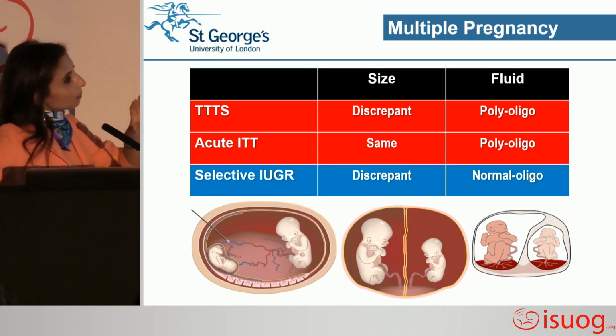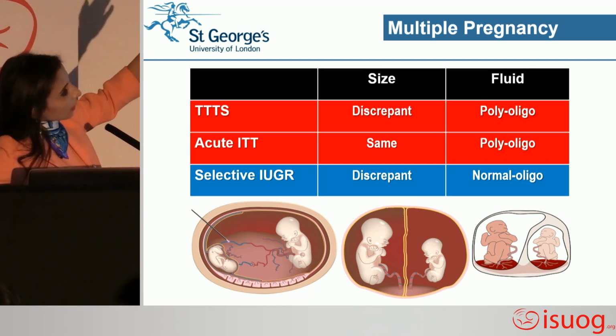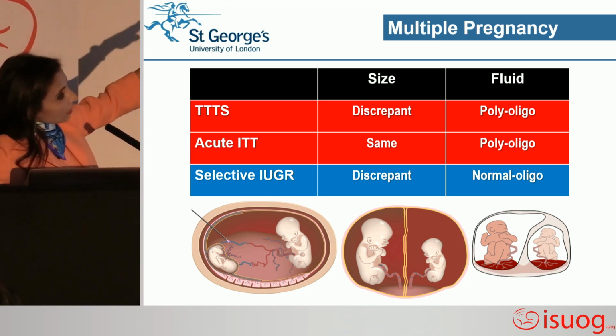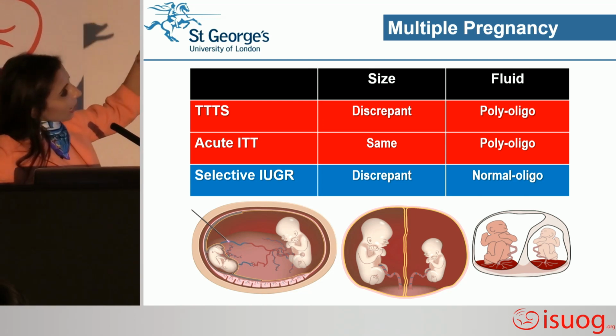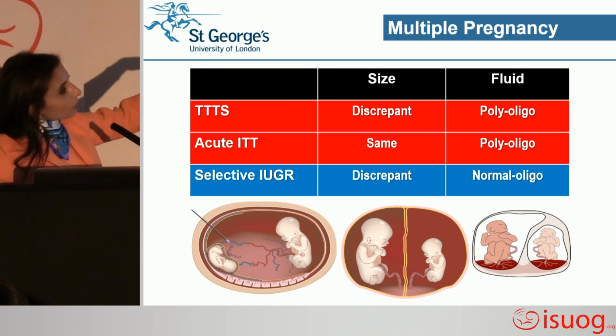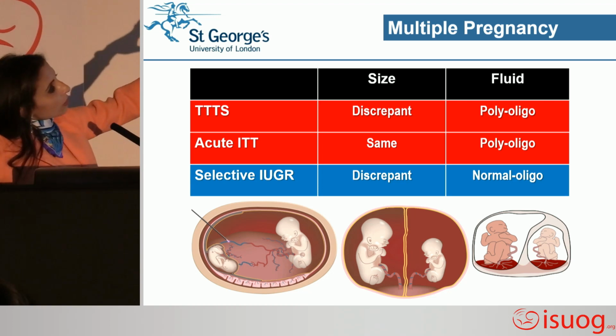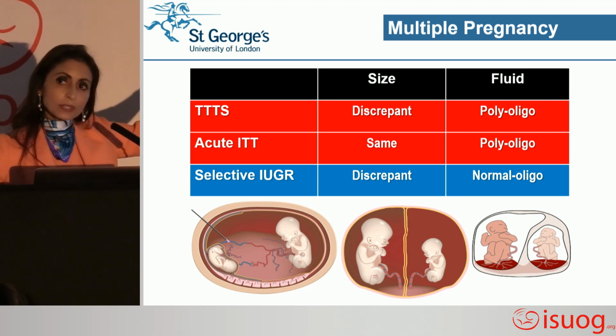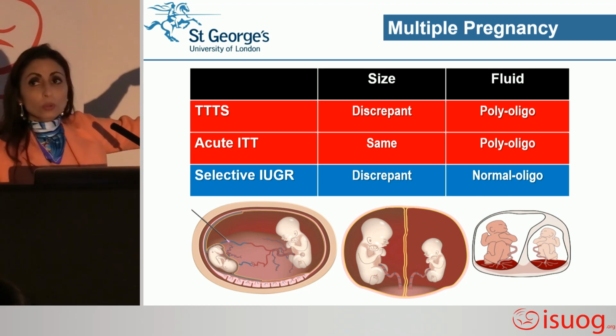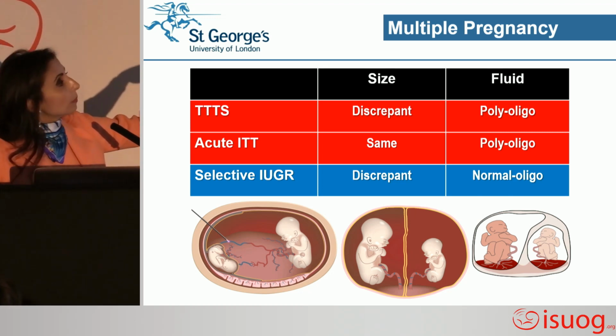And therefore, from the practical point of view, how do you differentiate between TTTS, which is often a chronic disease that develops gradually, versus acute TTTS versus selective fetal growth restriction? Well, of course, in classic TTTS you have discordance in the polyhydramnios-oligohydramnios sequence. Often you will have discordance in the size as well.